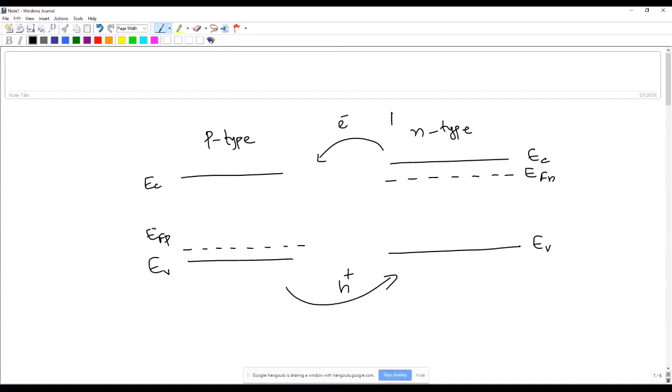This creates a net positive charge on the N-type side and a negative charge on the P-type side. There is an electric field that goes from positive to negative, and we say that bands bend up in the direction of the electric field. So again, we can draw these.